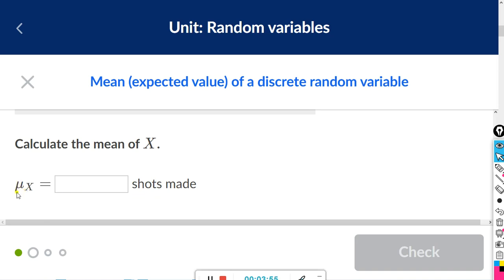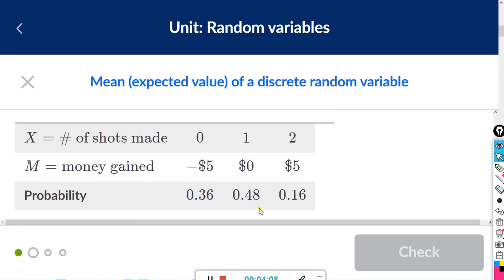This symbol here is the Greek letter mu. It usually is used to represent mean. So they're just looking for the mean of x, like it says in the problem, not how much money. Again, same formula: the sum of x times P of x.